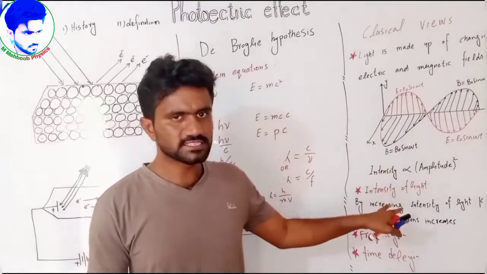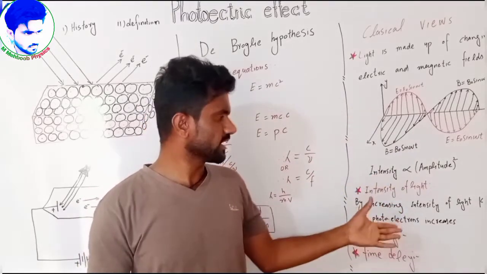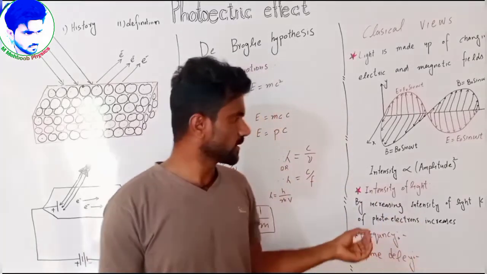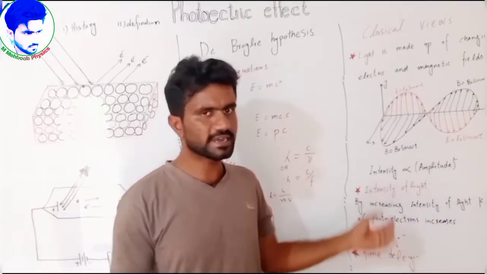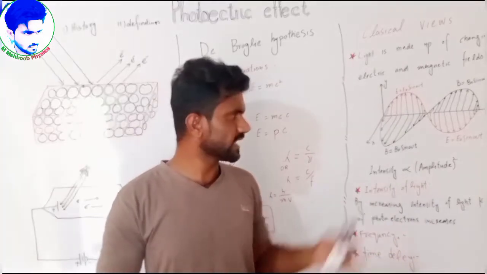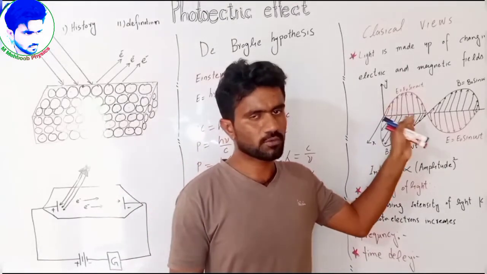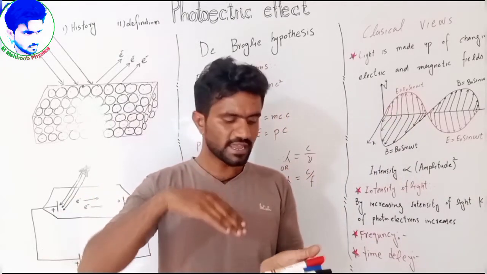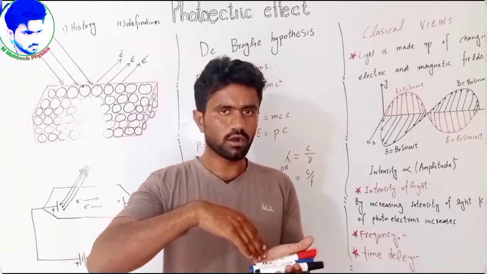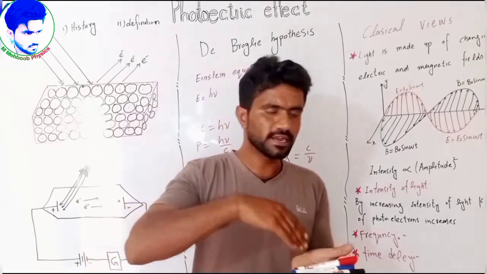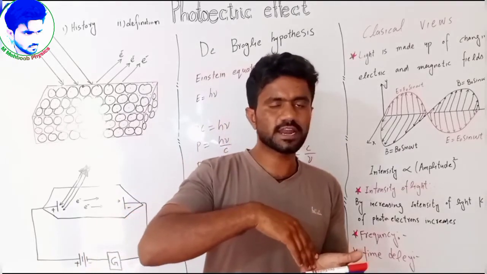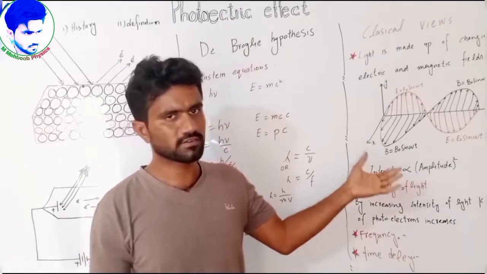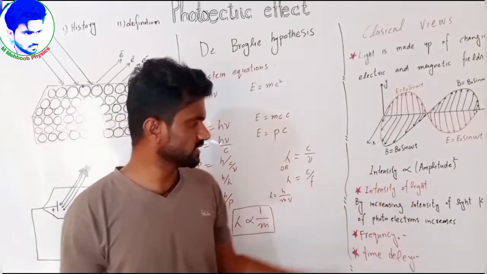When we increase the intensity, we increase the energy of the electromagnetic wave, and when a higher energy wave strikes an electron on the surface of the metal, it ejects the electron with greater kinetic energy. That means the kinetic energy of the ejected photoelectron will increase.